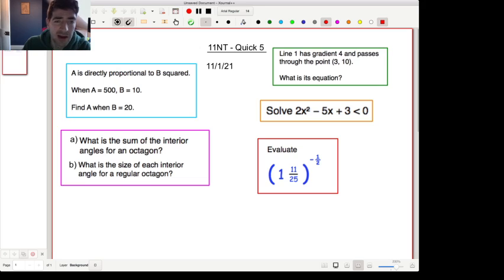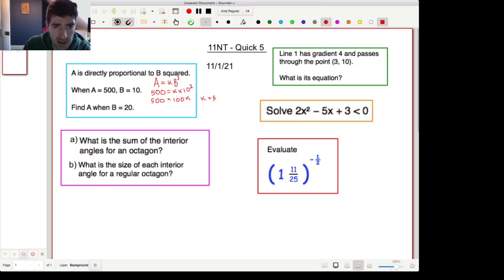So A is directly proportional to B squared, so that means that A is going to equal our constant of proportionality, k, times B squared. When A is 500, B is 10, so we end up with 500 equals 100k, so k is 5.